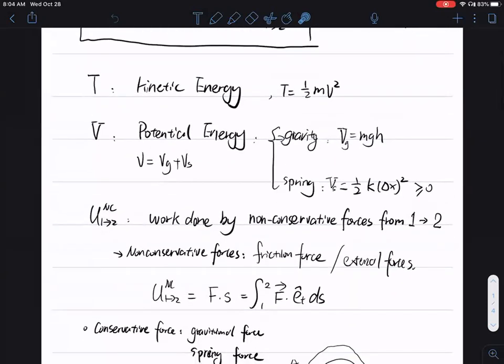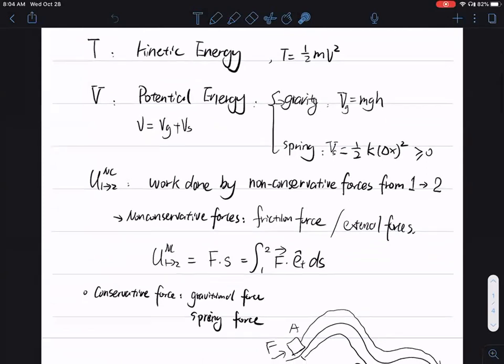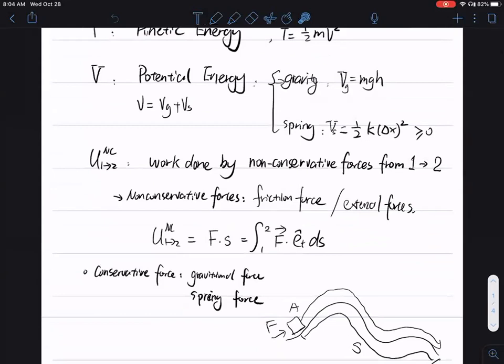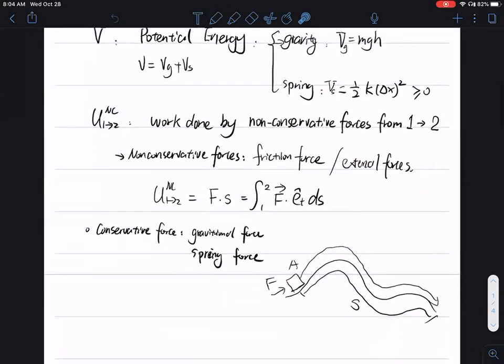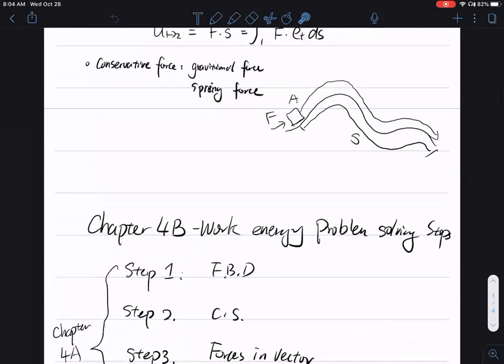We talked about the work done U and C from 1 to 2. That's the work done by non-conservative forces. One example of non-conservative forces would be friction force and external forces. Then we talked about the steps in this section.